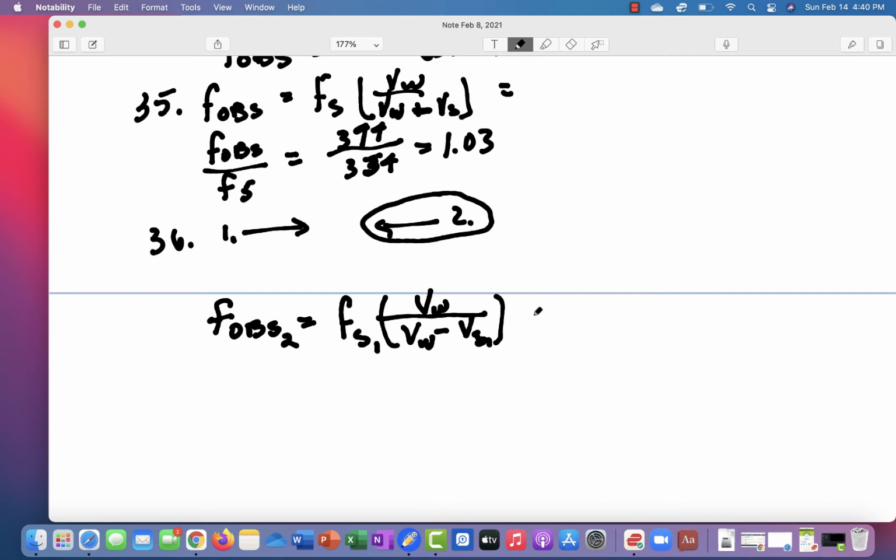Source 1's moving toward, and so that's going to equal 3,200 times the speed of sound, which is 330, over 330 minus 15, because that's the velocity of that first source.